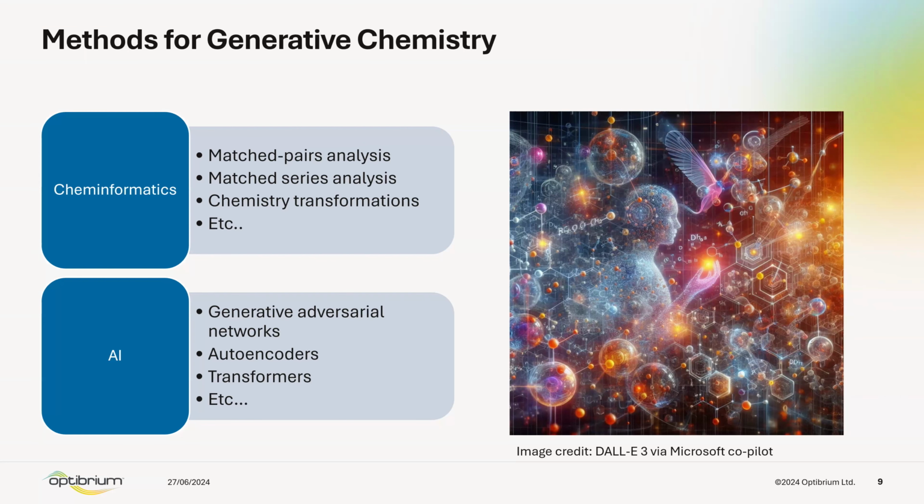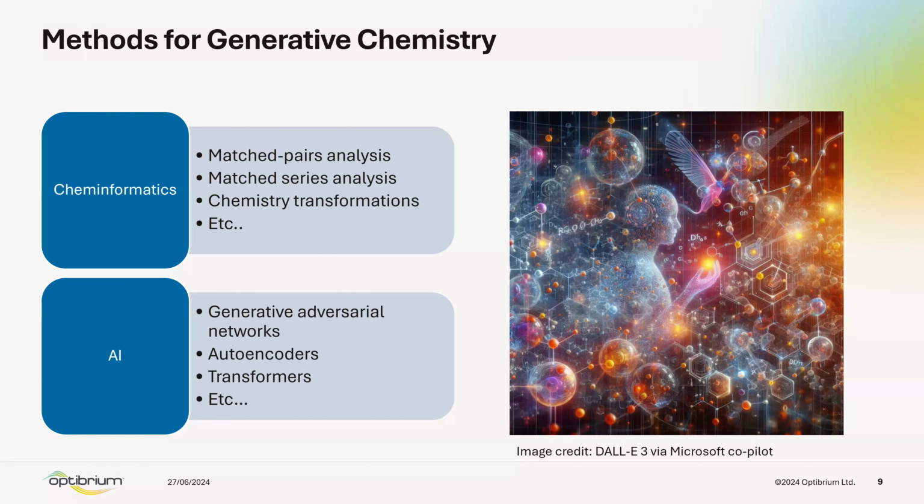In the cheminformatics bucket, it's really methods that are based on either manual curation of different approaches to optimize compounds, such as chemistry transformation rules taken from the history of medicinal chemistry or previous projects, or others based on statistical analyses of our data sets, things like matched pair analysis, or generalizing that to matched series of compounds based on an analysis of existing series and modifications made in the past.